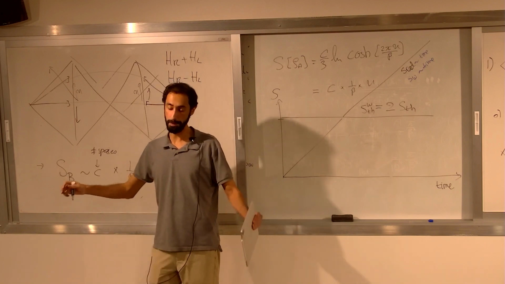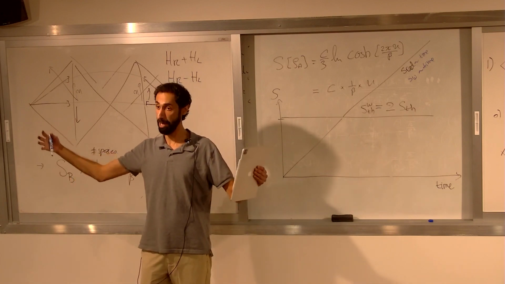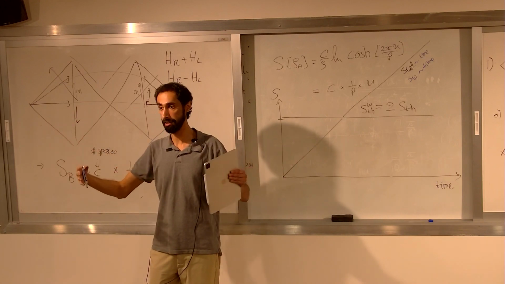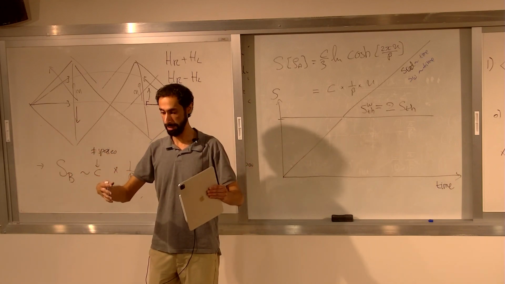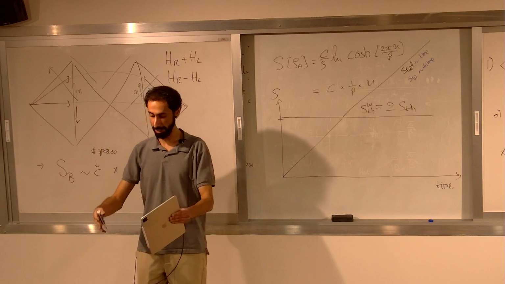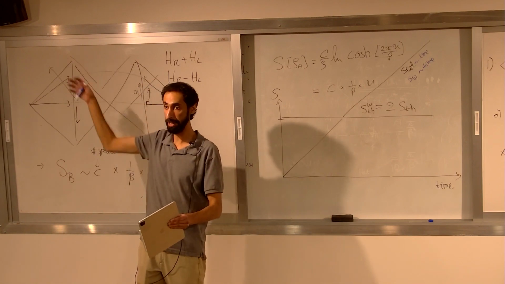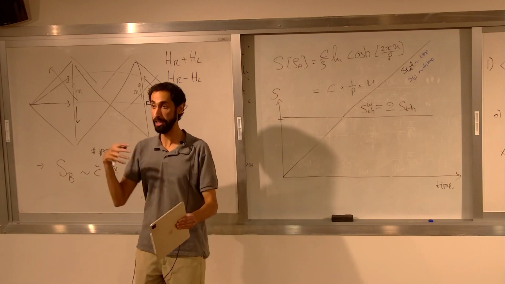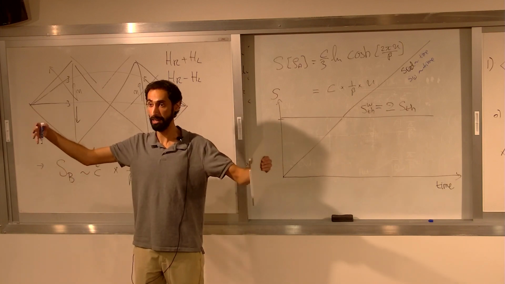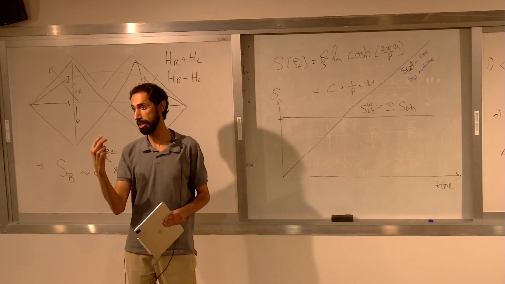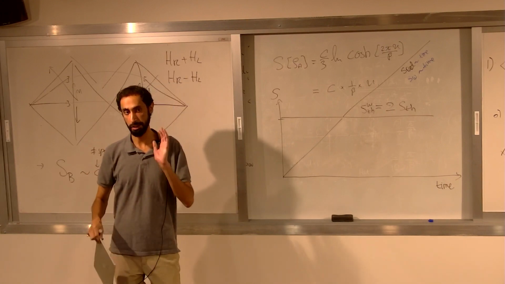In the evaporating black hole case, you can start with a humongous black hole and let it evaporate. And then in this scenario, its von Neumann entropy can be as large as the entropy of the radiation. But you can also feed it more matter and make it even bigger and let it evaporate down again. And so you can make its entropy at arbitrarily small mass as large as you want. This is kind of crazy.